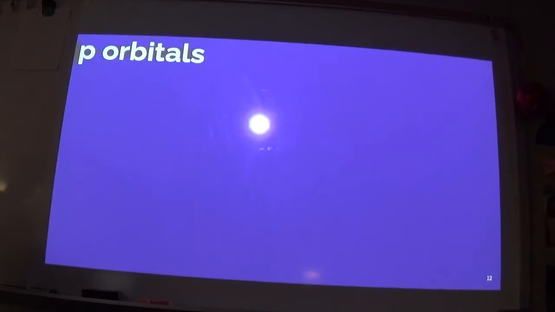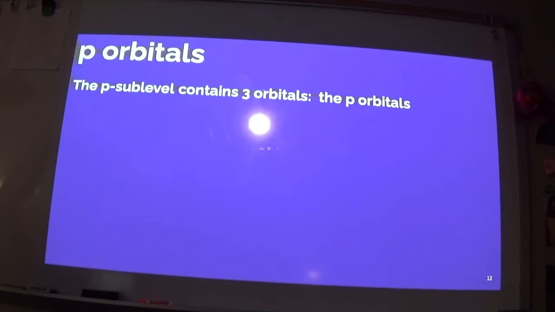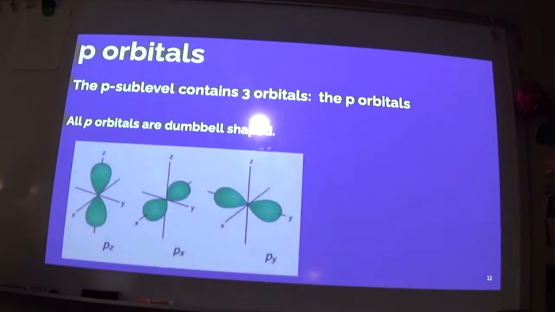Let's talk about p orbitals now. P orbitals are on p subshells, and they come in groups of 3. If I'm on a p subshell, there are 3 p orbitals on that subshell, and they are dumbbell shaped. That's the best way I can describe it. They look like this.